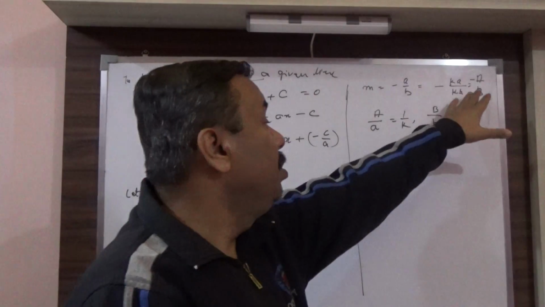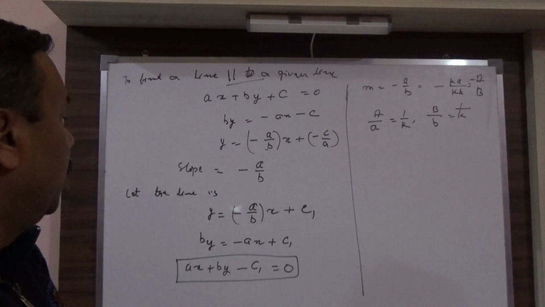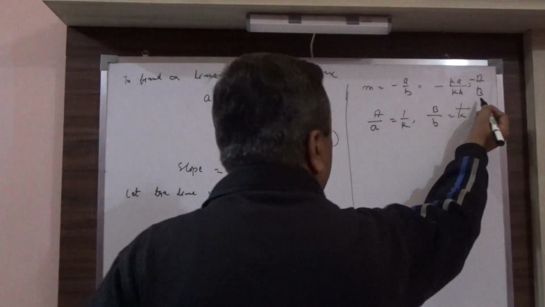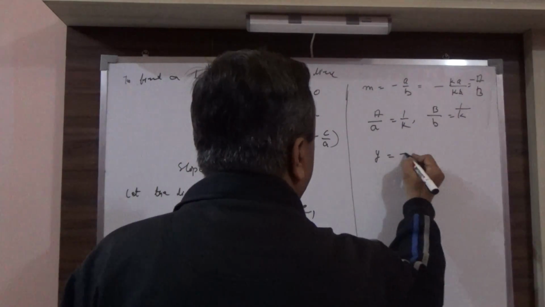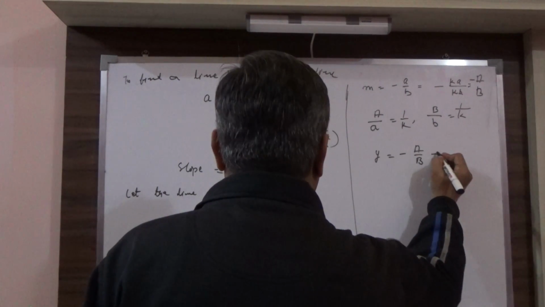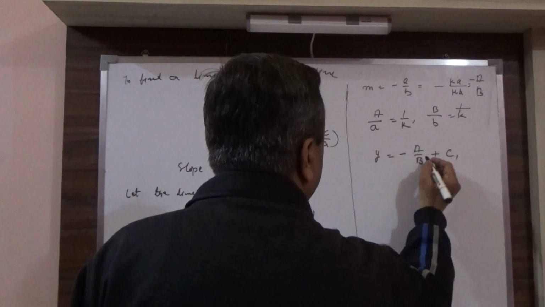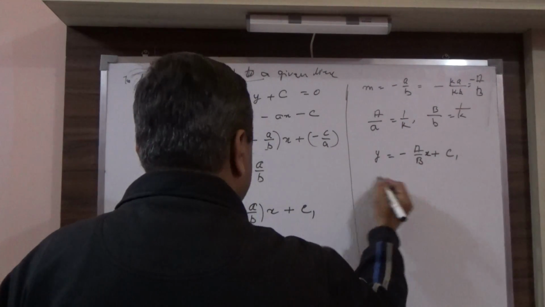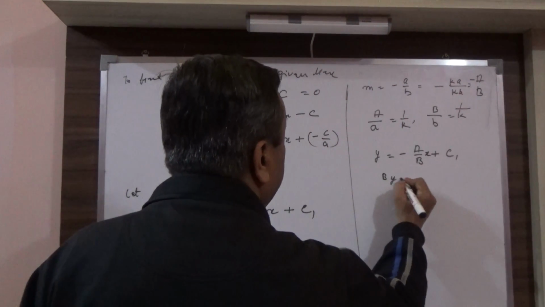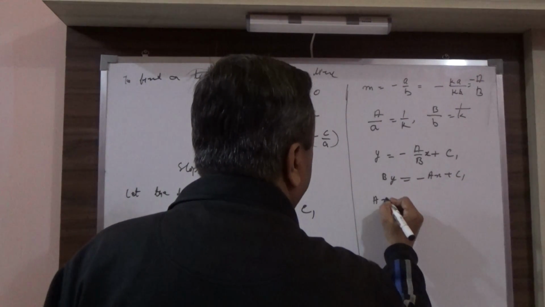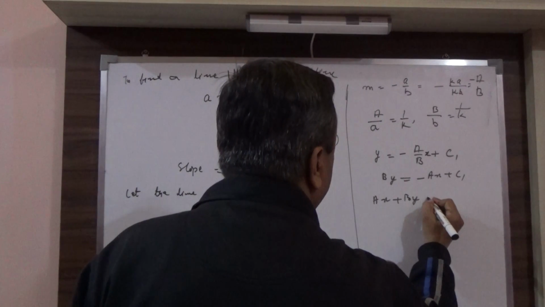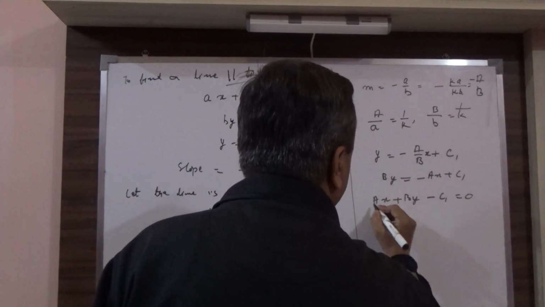So if I am using this as slope, this is also the slope, I can use this also as y equal to minus a over b x plus c1, and this will be changed to by equal to minus ax plus c1, or ax plus by minus c1 is equal to 0.